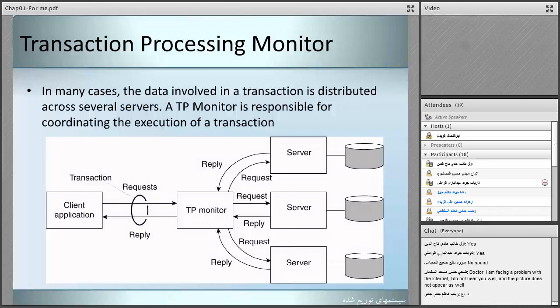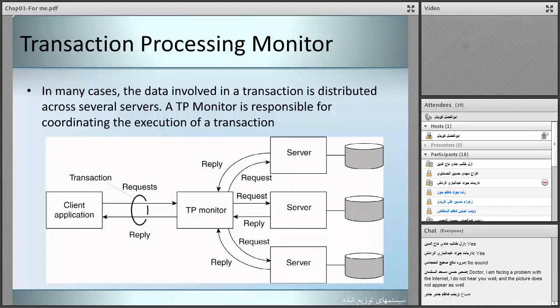These complex transactions need to be processed, and when we have decentralized data, it means our data is distributed between two or more servers. Then a transaction wants to access all the servers at the correct time.